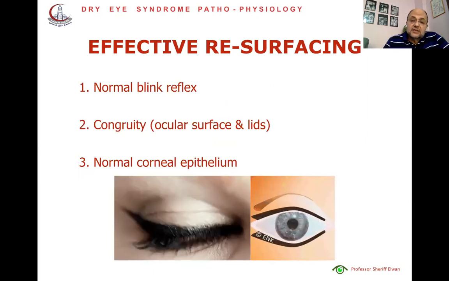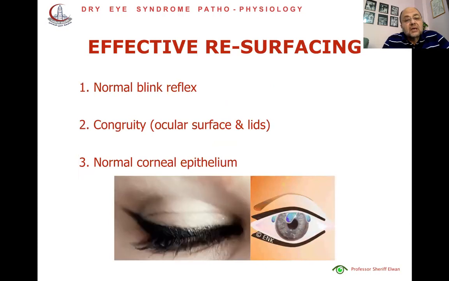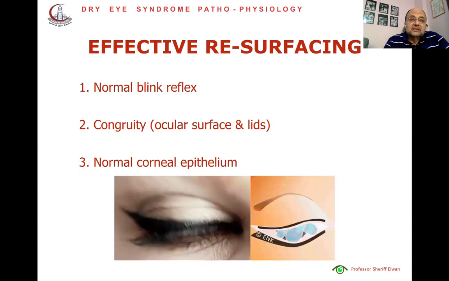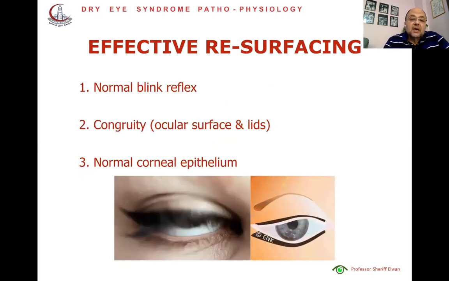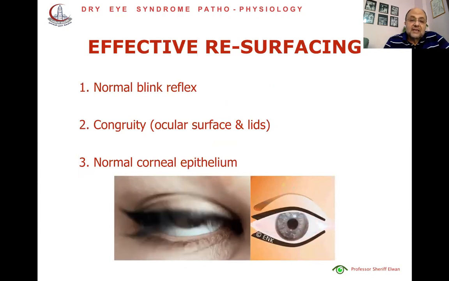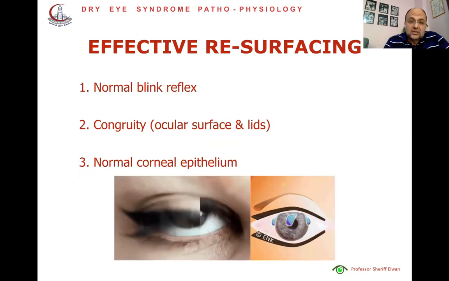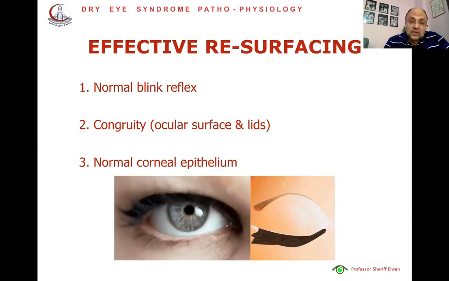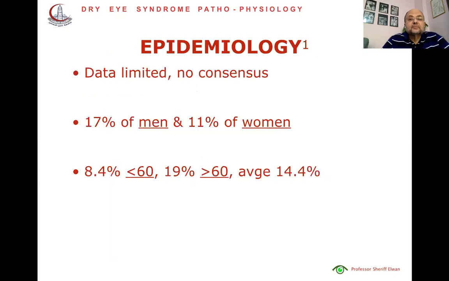Effective resurfacing that I talked about a few moments ago requires a normal blink reflex, that is muscle and nerve activity, requires congruity between the ocular surface and the eyelids, that is not interrupted by conditions like ectropion or entropion, and requires a normal corneal epithelium that is not affected by disease.